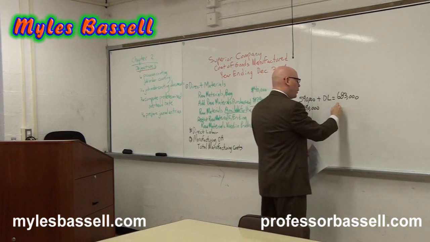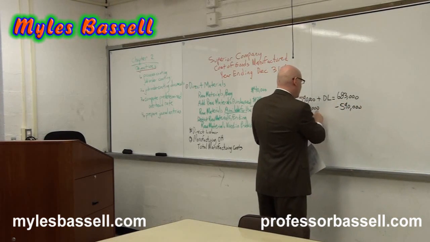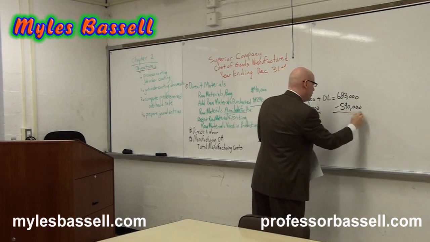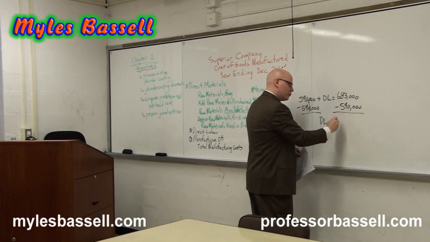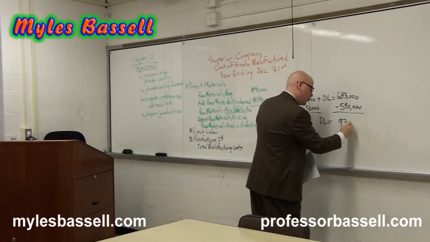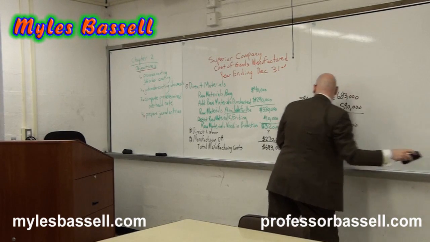Well, maybe you could do this intuitively, but at least let me show you how to do the calculation. This cancels out, and that means direct labor is equal to 93,000. So that was the number that they didn't tell us that we had to calculate.